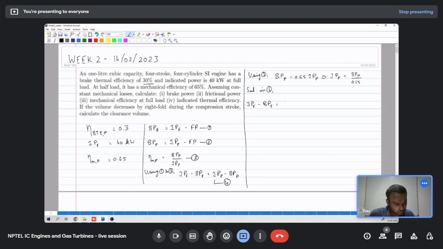So we have brake power at part load by 0.65 minus brake power at part load. I would take brake power at part load common, and then we have 1 by 0.65 minus 1. On the left hand side we have indicated power as 40 kilowatt minus brake power at full load equal to brake power at part load into, you can solve this.